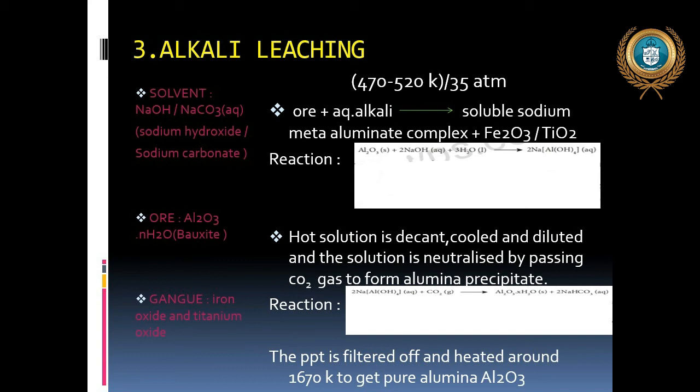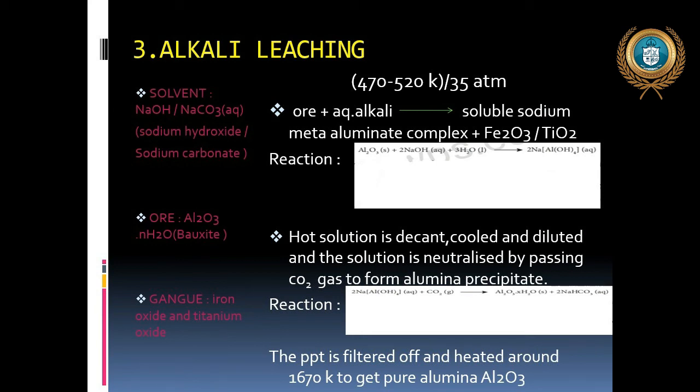So first we have taken the crushed ore, along with sodium base NaOH or sodium carbonate in the presence of water. These have to be heated to 470 to 520 Kelvin at 35 atmosphere. It gives the soluble sodium meta-aluminate complex, along with some impurities.